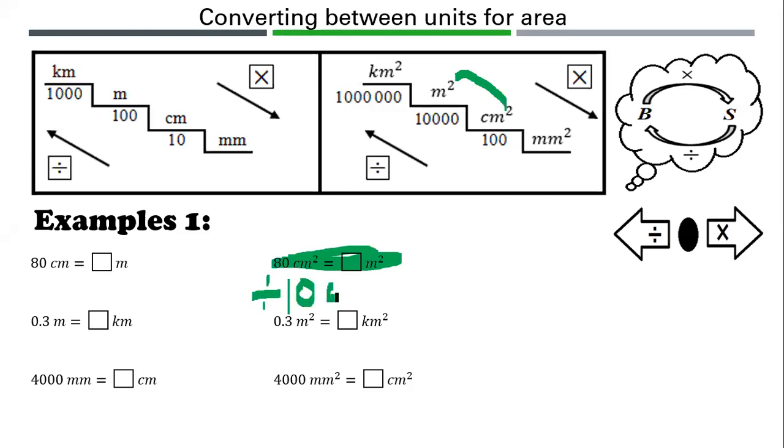Now, if I'm going up and I don't have enough zeros to cancel them, what will you do? Shouldn't you put a decimal? Yes. So we're going to put the decimal where?